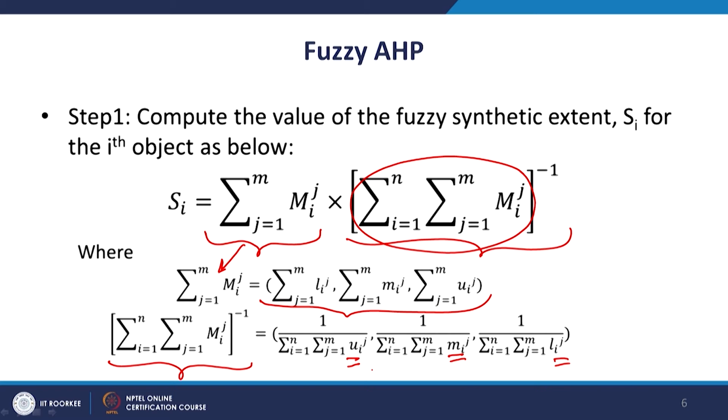Therefore, this expression can be extended in this fashion, given our understanding of fuzzy addition and fuzzy multiplication, and also the fuzzy inverse that is being taken here. After the computation, we will get the fuzzy synthetic extent values here, right, and so let us move forward.